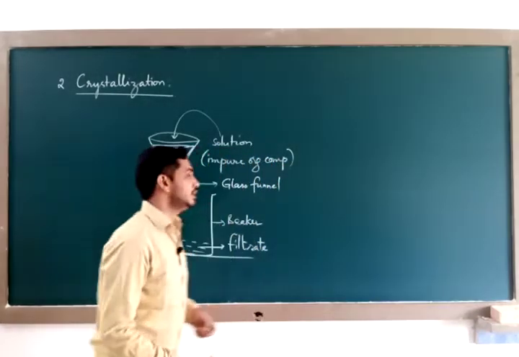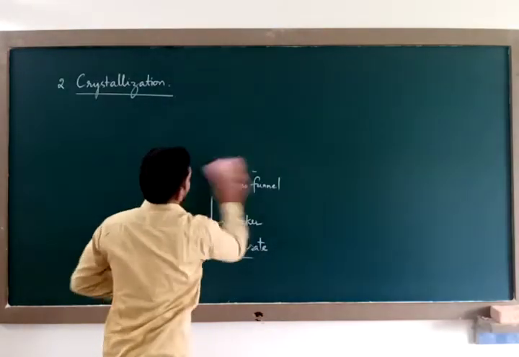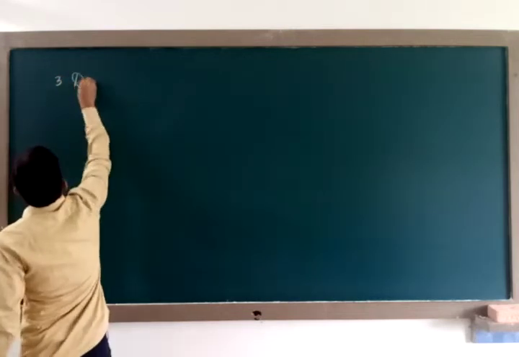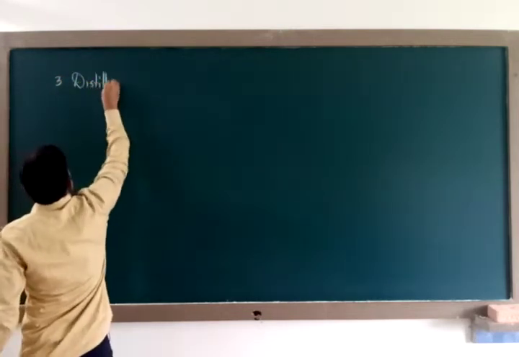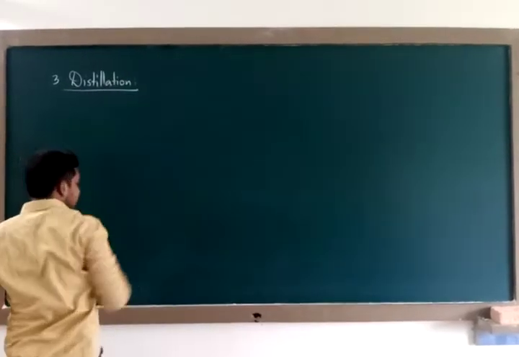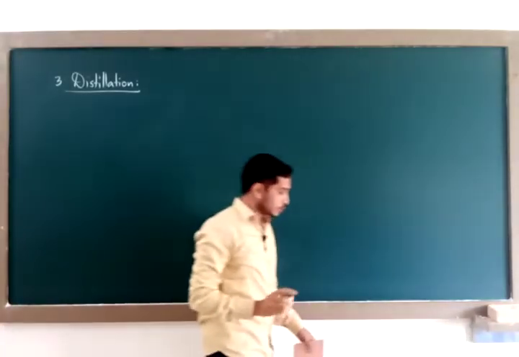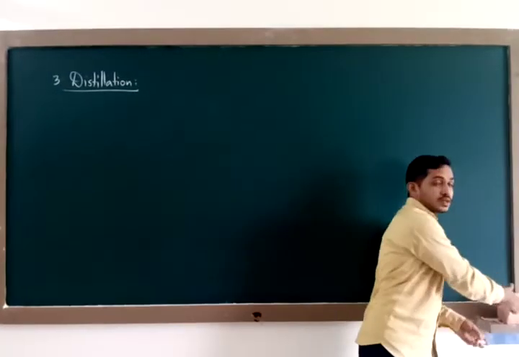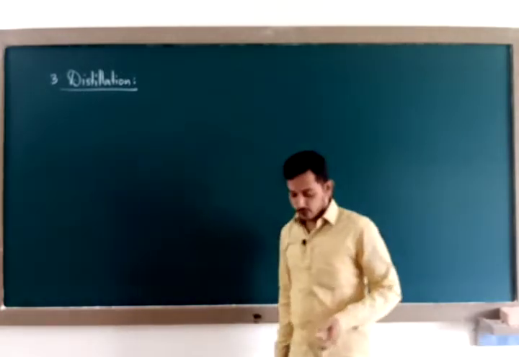Then we have another method of purification, and it is the third method. This method is distillation. You have studied distillation even in your school days, so I hope this won't be difficult for you to understand.